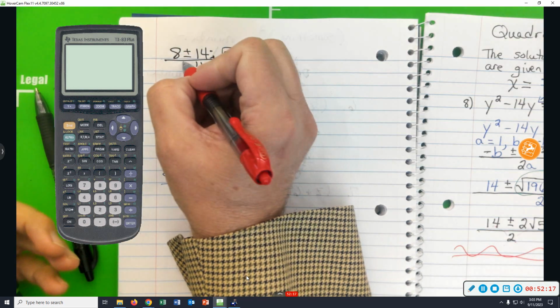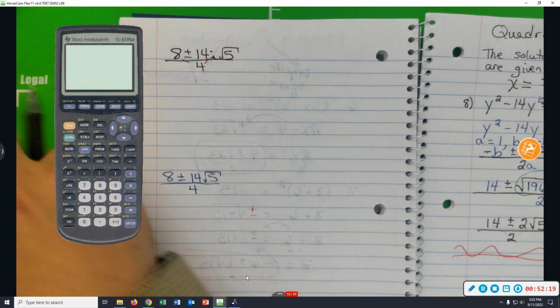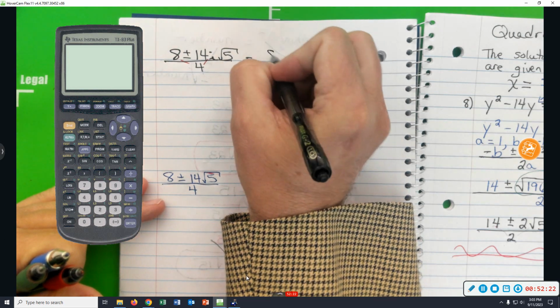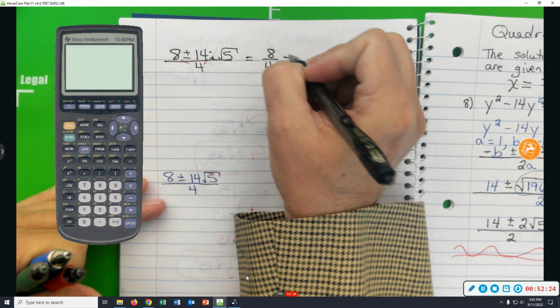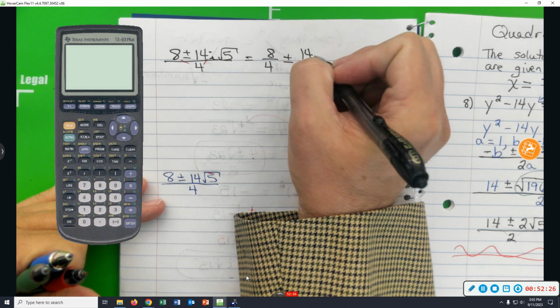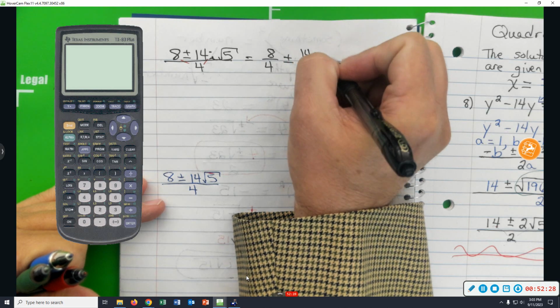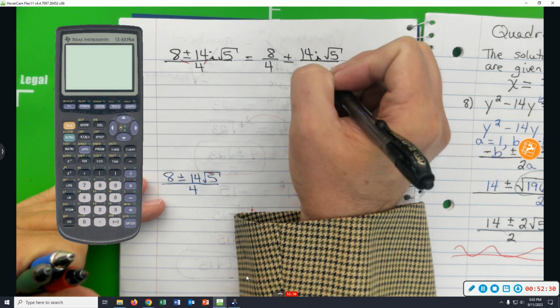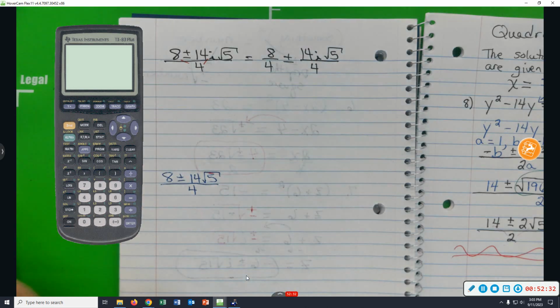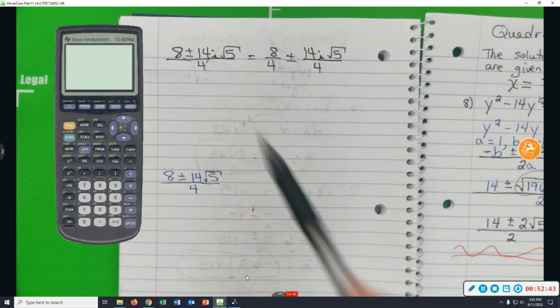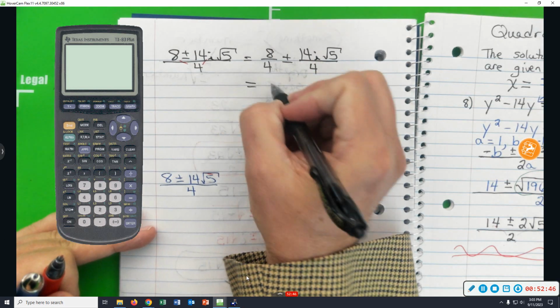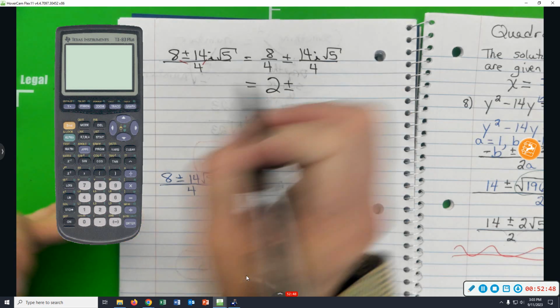We're going to separate the 8 over 4 plus or minus 14i square roots of 5 all over 4. And then we can reduce the fractions individually. 8 divided by 4 reduces to the integer 2, plus or minus.